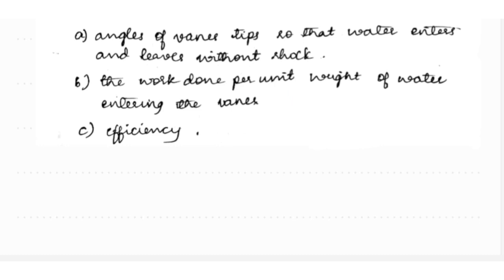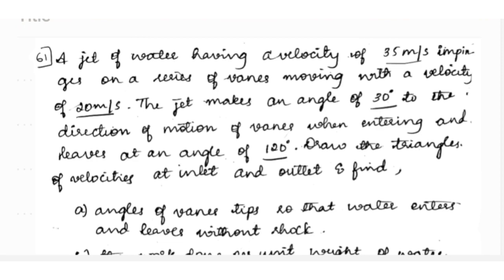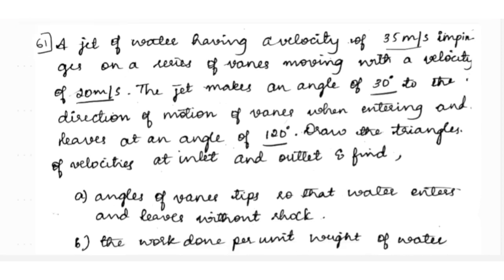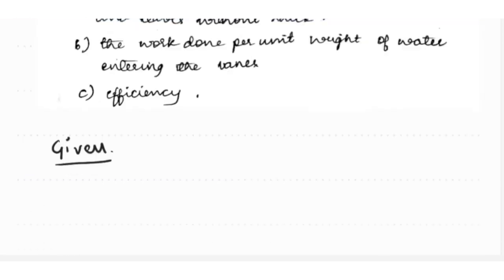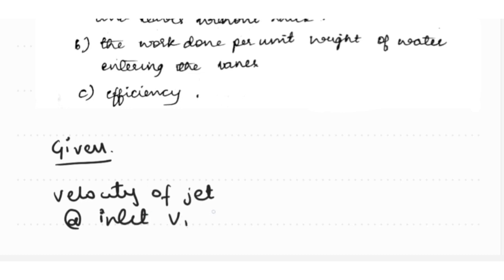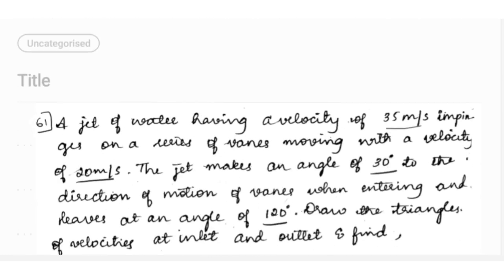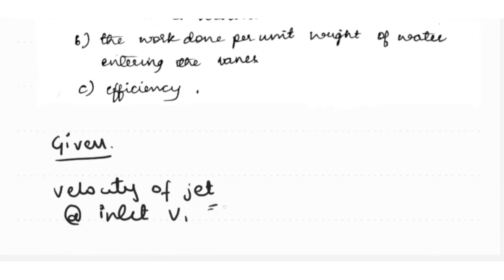So let us write down the given data. In the beginning they have given the velocity of jet at inlet, V1 is equal to 35 meter per second.